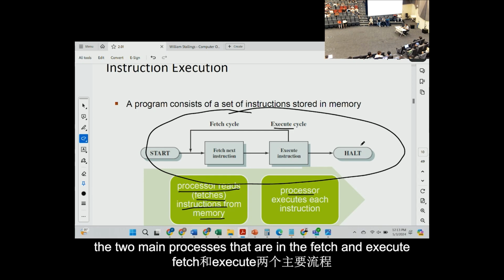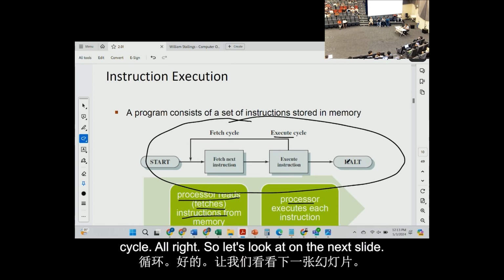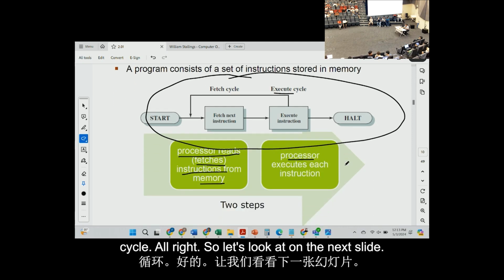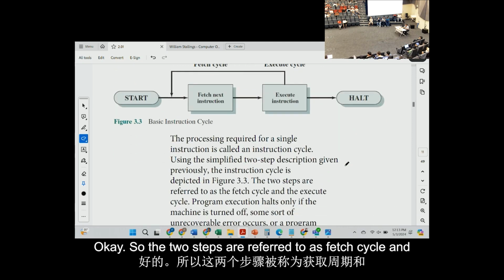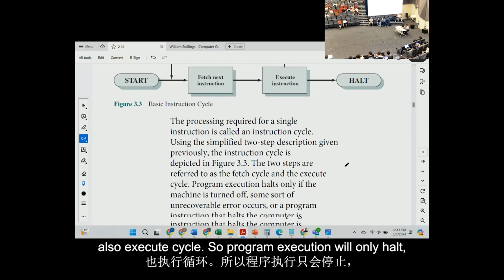So these are the two main processes in the fetch and execute cycle. Let's look at the next slide. The two steps are referred to as the fetch cycle and the execute cycle.